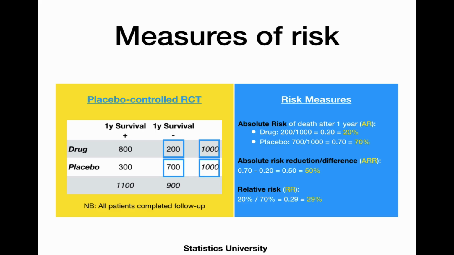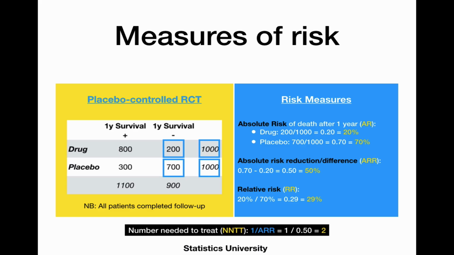But we can also express it in a relative risk sense, where we divide 20% by 70%, and that gives us a relative risk of 30%, if you round it up, or 29% to be more exact. And that means that if you are treated with the experimental drug, you have 30% the risk of dying at 1 year in comparison to the risk after being treated with a placebo.